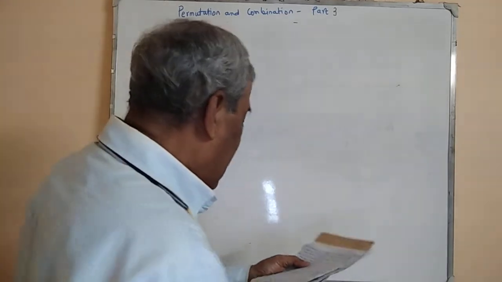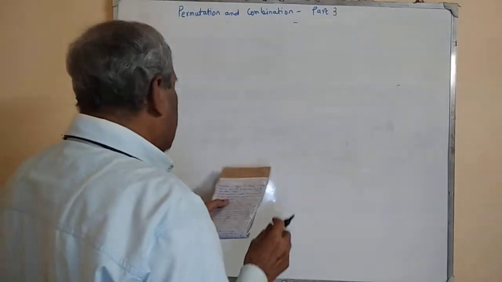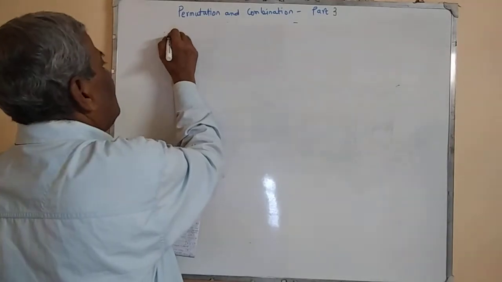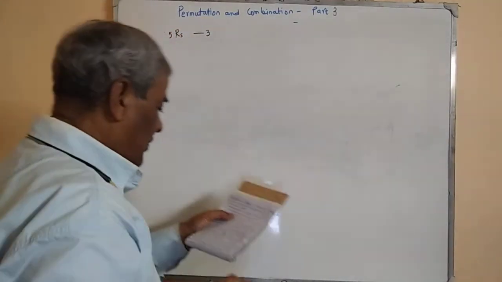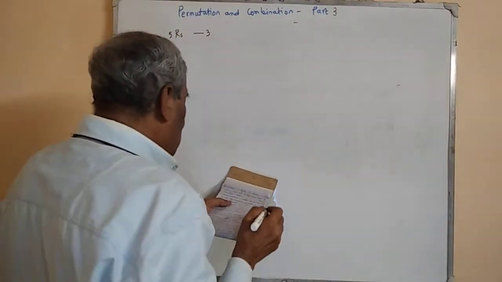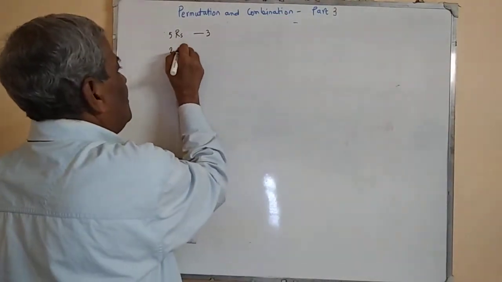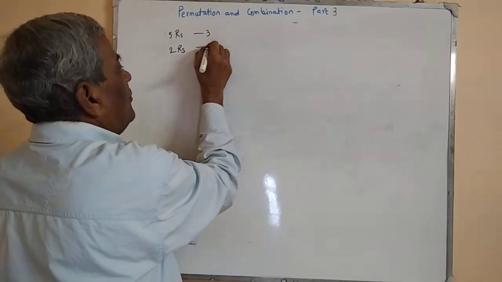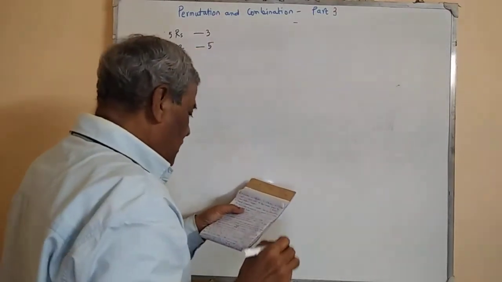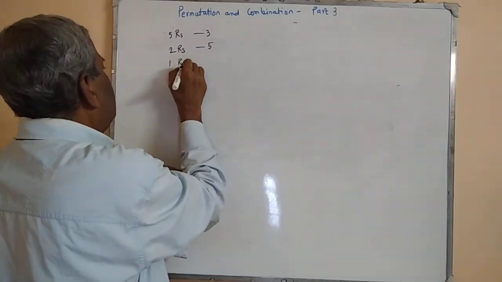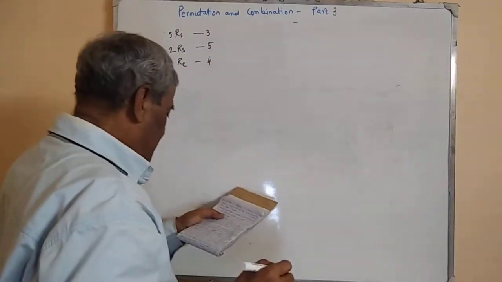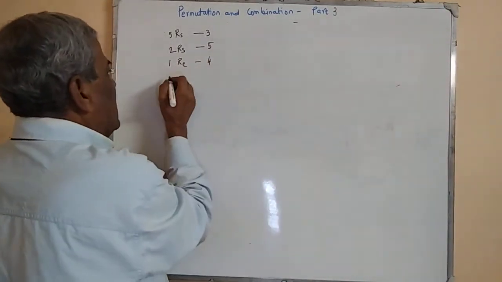A girl has three 5 rupee coins, five 2 rupee coins, four 1 rupee coins, and three 50 paisa coins.